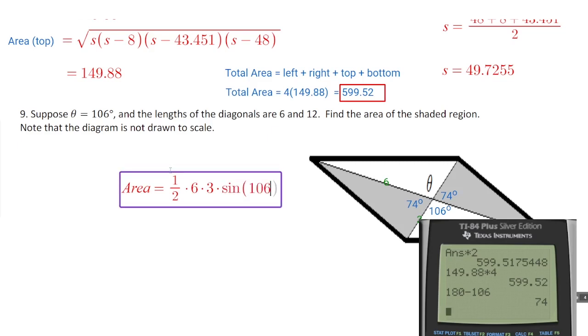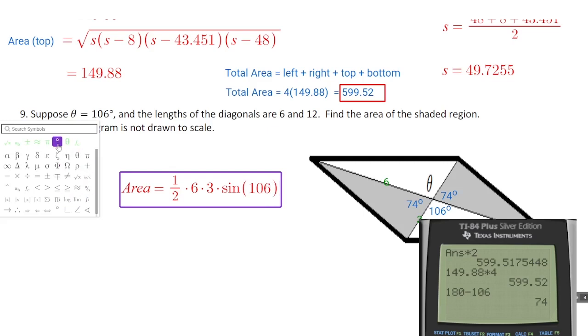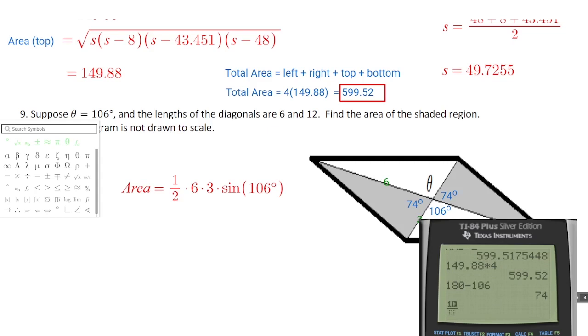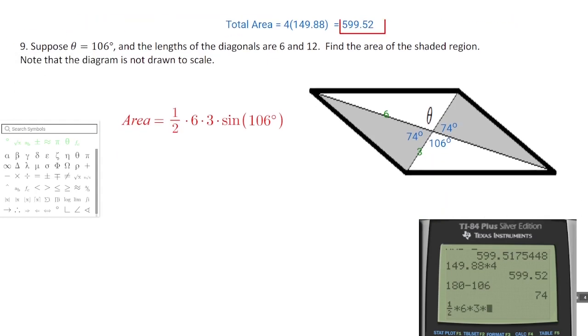And this is something, again, we'll just put in the calculator. Throw a little degree symbol on there, make this look nice and pretty. We just need to type this in, so let's get the calculator back out. 1/2 times 6 times 3 times the sine of 106.